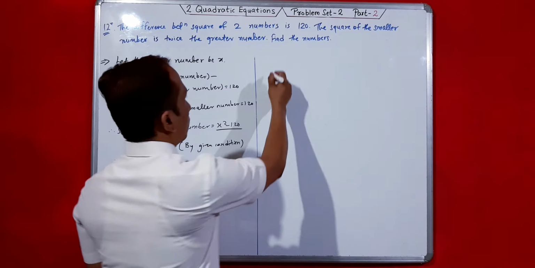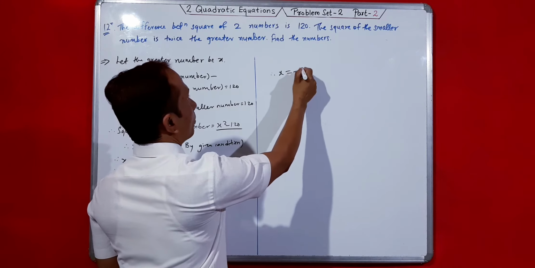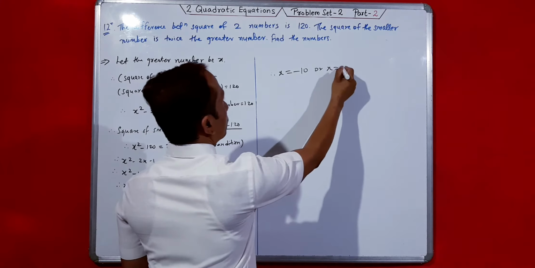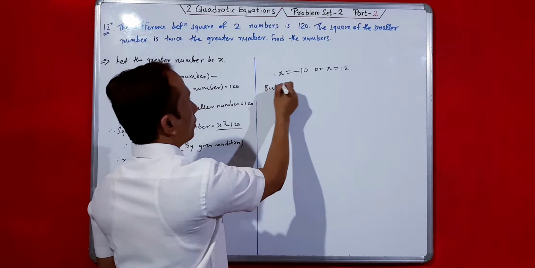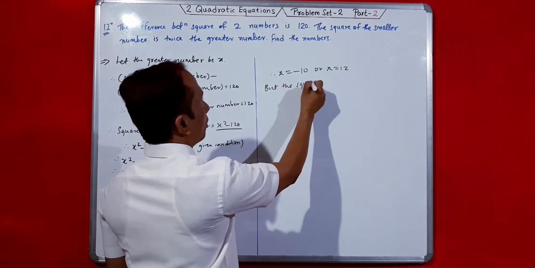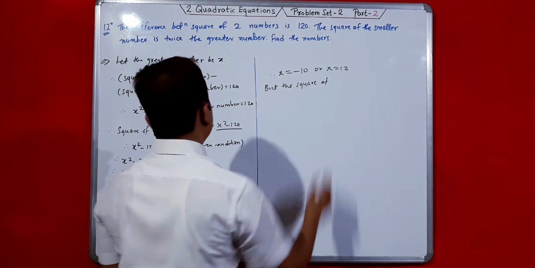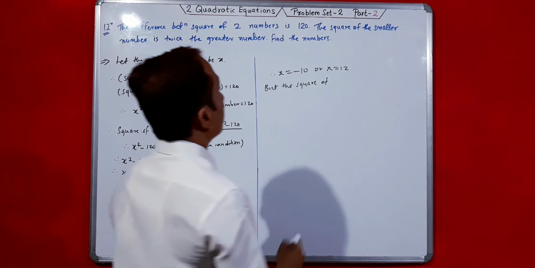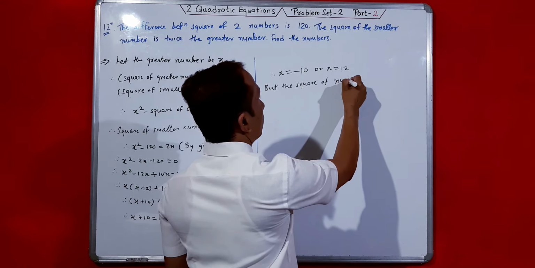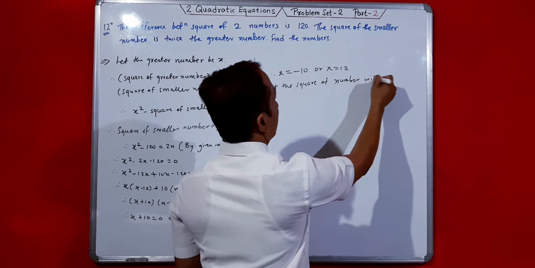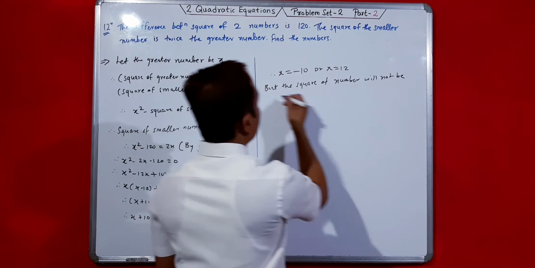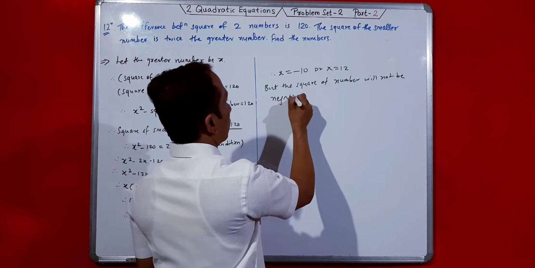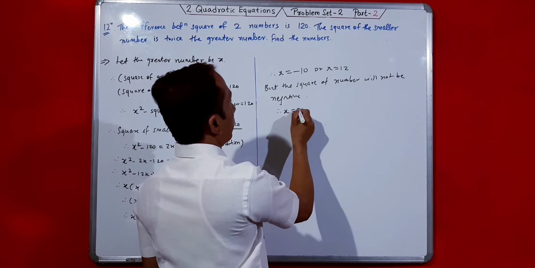Therefore x is equal to minus 10 or x is equal to 12, but the number will not be negative. Therefore x is equal to 12.